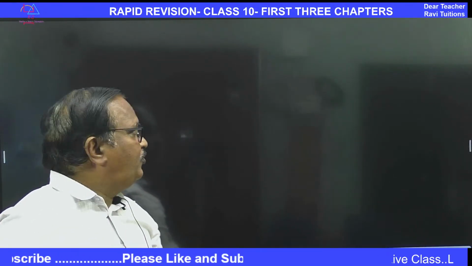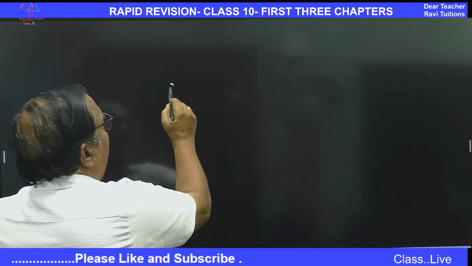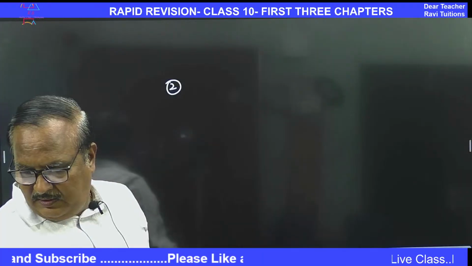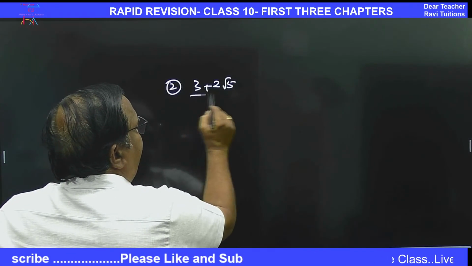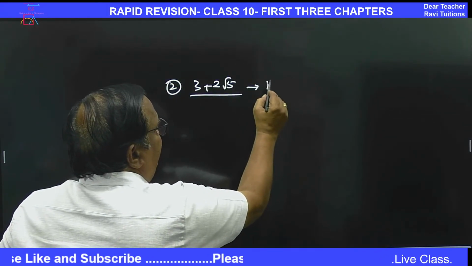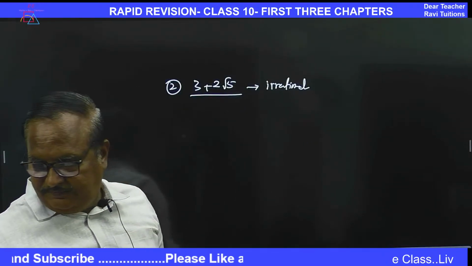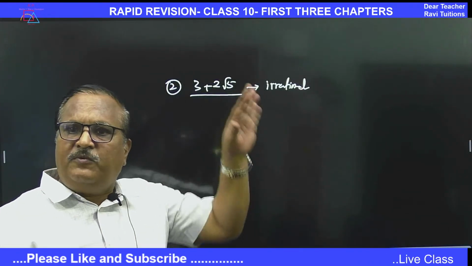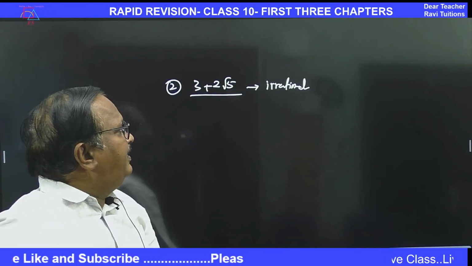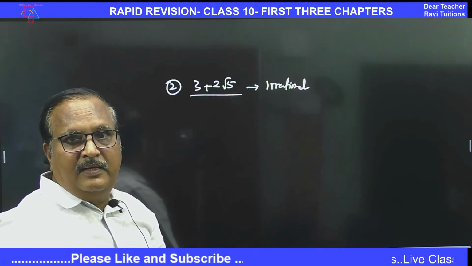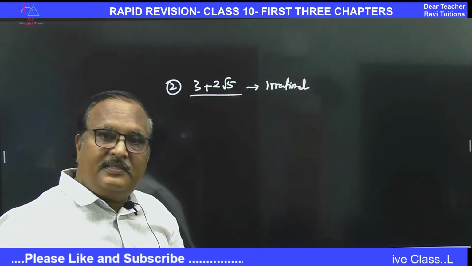Second question. Prove that 3 plus 2 root 5 is irrational. You do not need to do the earlier proof again; you can directly do this question. Suppose this is a rational number.